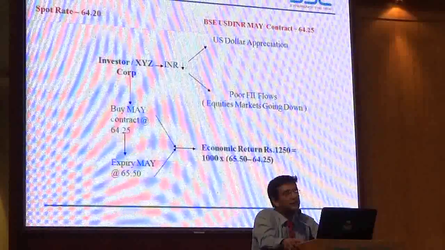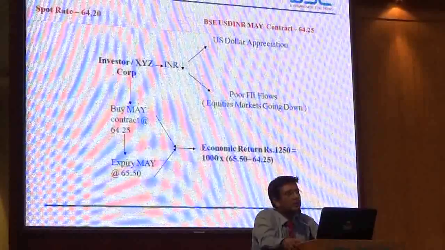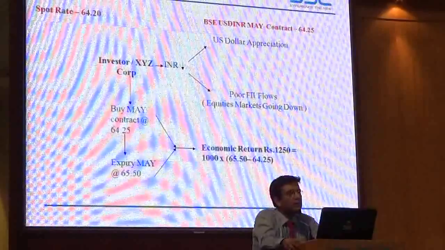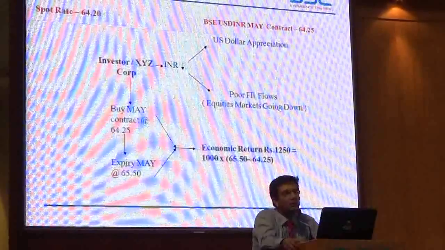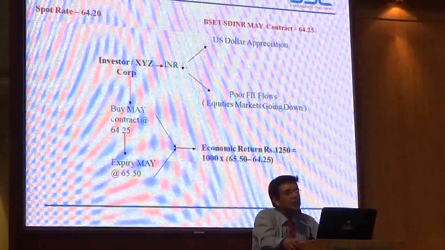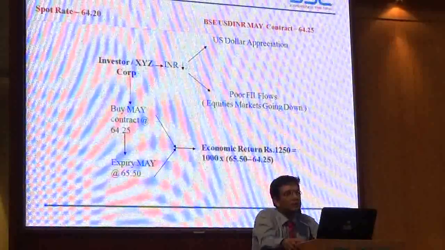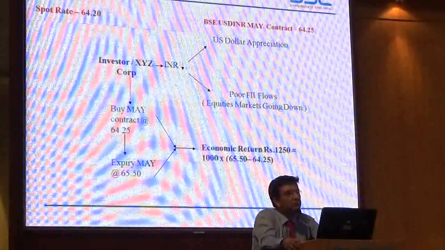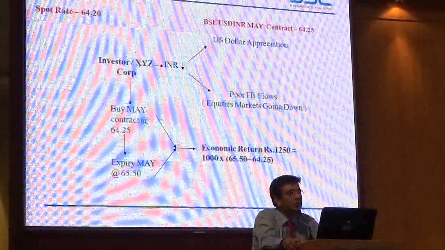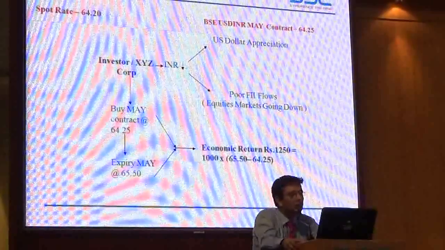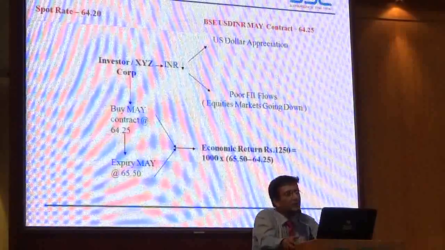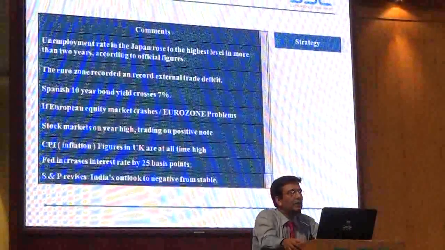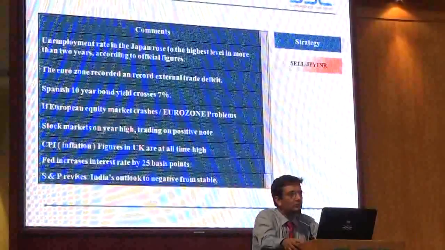Same way on the currency front, you see that Euro USD, or there might be a rate hike in the US, and probably the dollar will appreciate, and simultaneously you see a fall in equity markets in India. So you see that there might be a depreciation in the rupee and you go long on the USD INR contract. There are a number of news items which you can watch for trading in these markets.